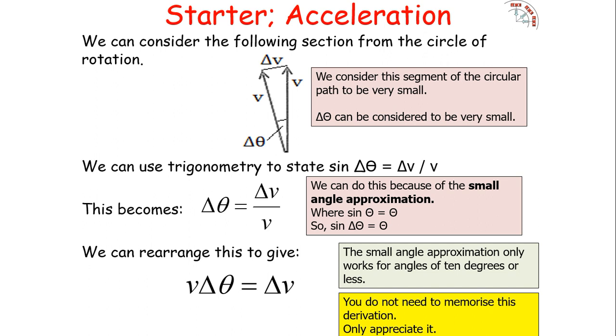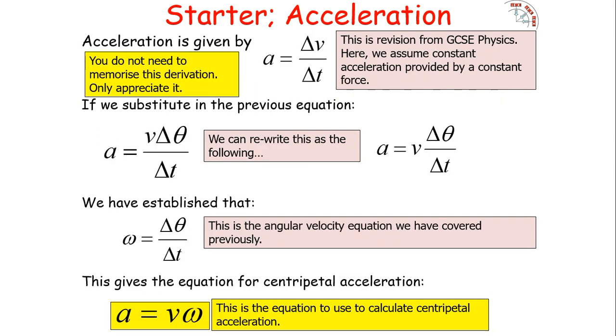So now we can say that delta theta equals delta v over v. We rearrange that to make delta v the subject, so it's v delta theta. Now, we know from GCSE physics that acceleration a equals delta v over delta t, and we're assuming, by the way, that there's constant acceleration provided by a constant resultant force.